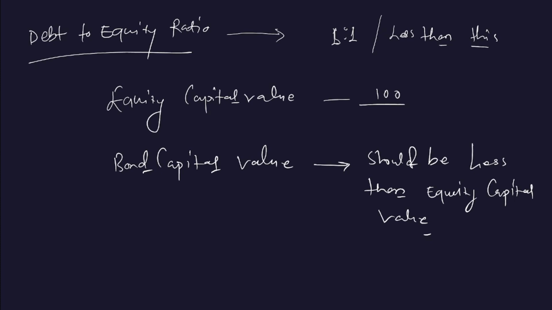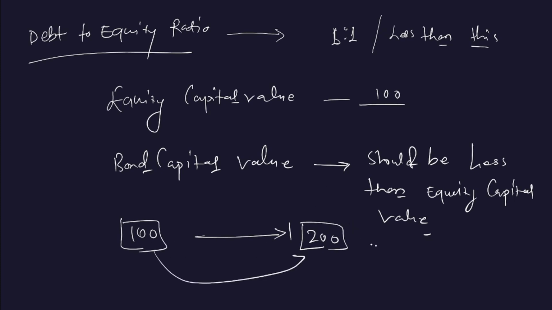Otherwise, if the debt, let's say the bond capital is 200, then see, equity capital is 100 and your bond capital is 200, so the debt to equity ratio goes around 1:2. So it means for per equity value, you have a liability of 200.